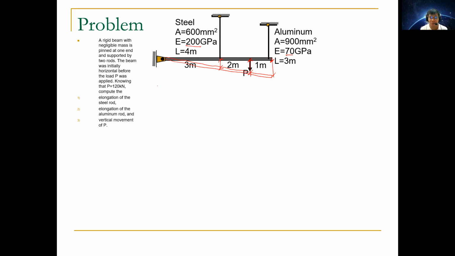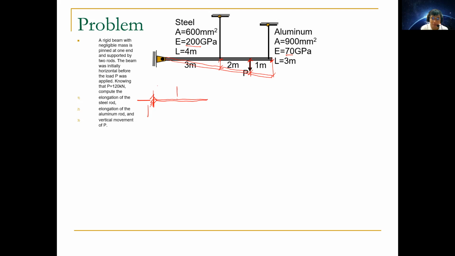Before we start, we know that it's statically indeterminate because if you try to get the FBD of this diagram, let's say this is the beam, we have two unknown reactions.